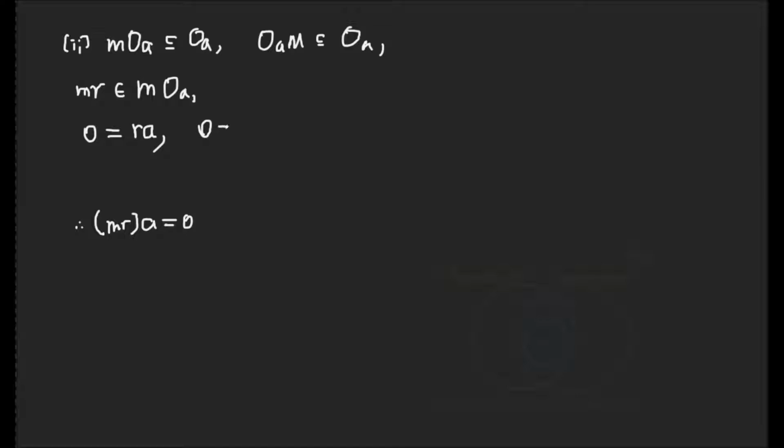It is better to write 0 equal to m times 0, and this is m r A, where m is an element in M, r is an element in R, and A is in A. By the definition of the R-module, we can use the associative rule for m r A. So our desire is m r A equal to 0.